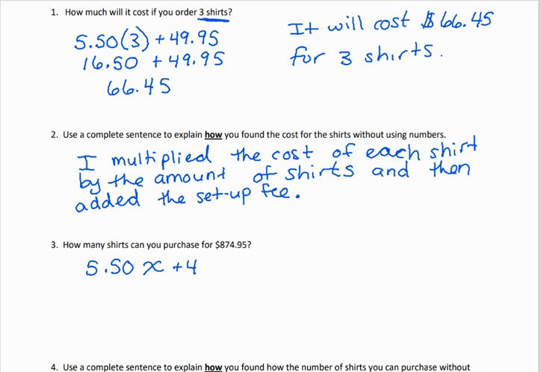We know we have to pay that setup fee, and all together, that cost can equal $874.95. So we need an equation this time. Yep, exactly. So go ahead and you can solve the equation. Remember, we're going to undo the operations. So we're going to subtract first and then keep on going.